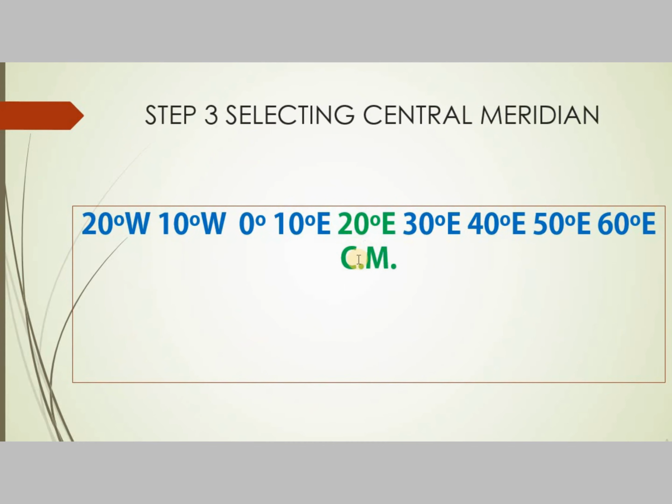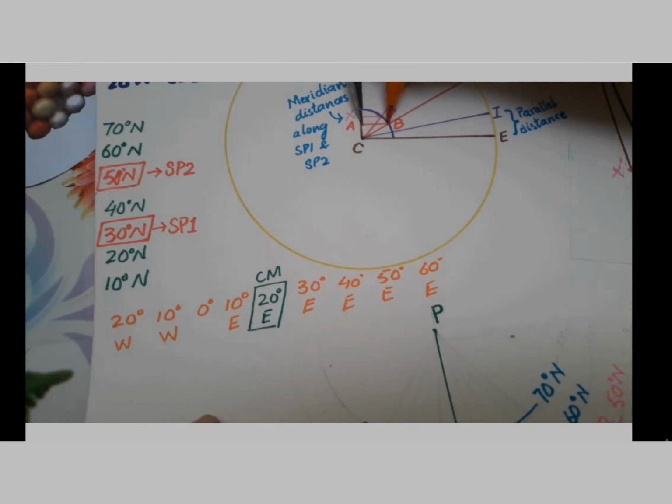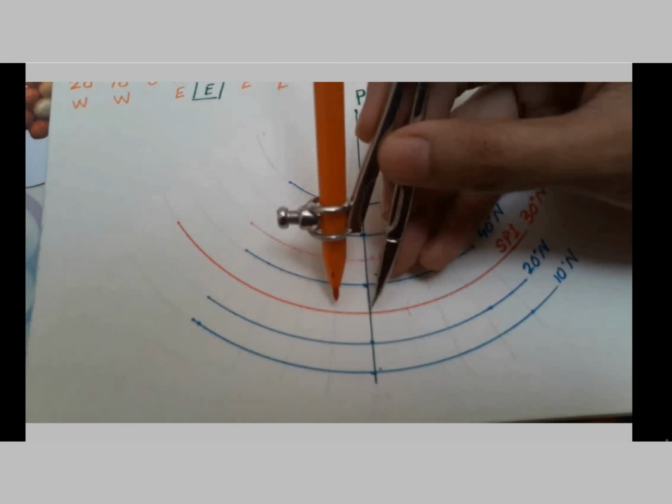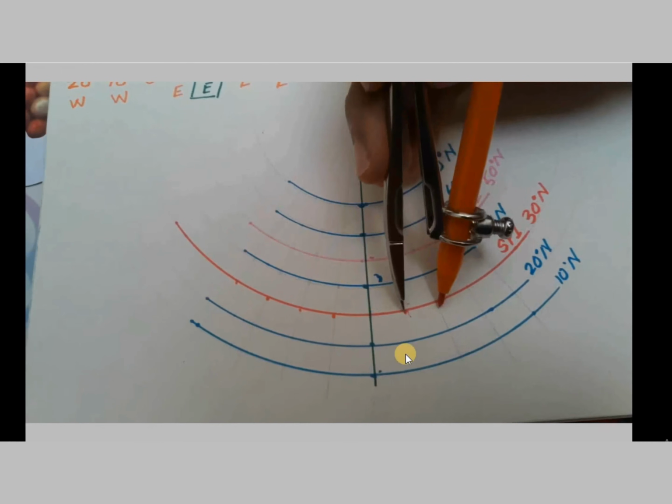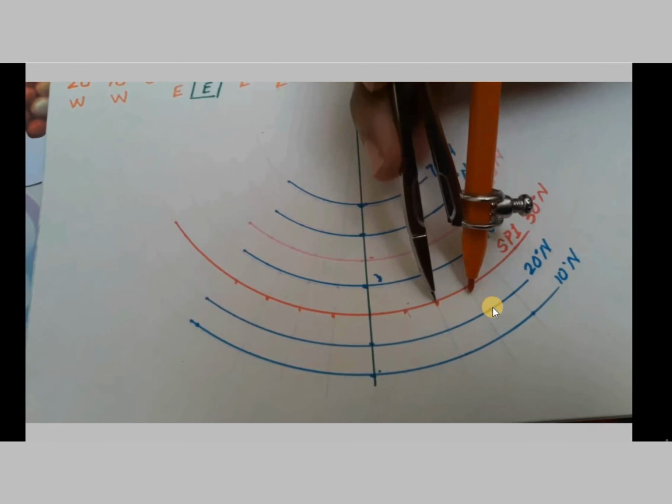We have already drawn the central meridian, so to the left of the central meridian we will make 4 meridian distances, and to the right we will make 4 more. We will take the distance between A and B and start marking the meridians along the standard parallel 1. That's how the marking will be done.